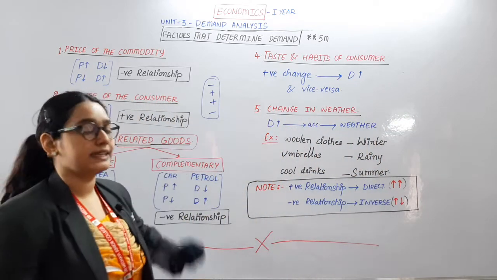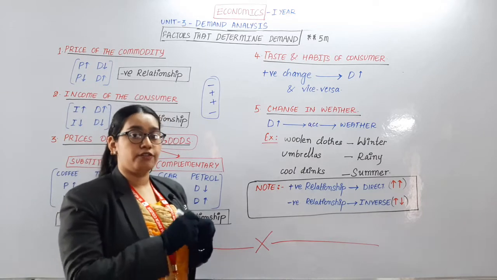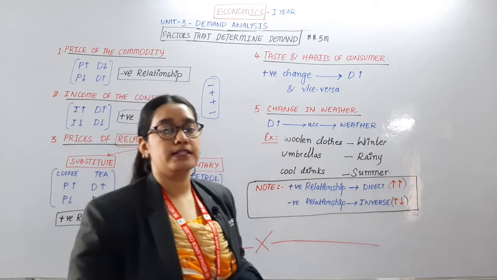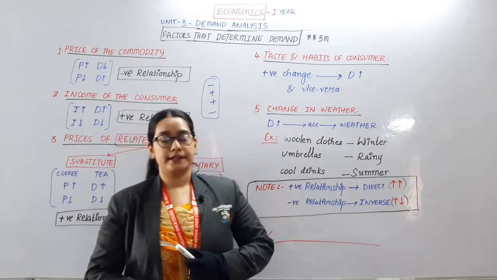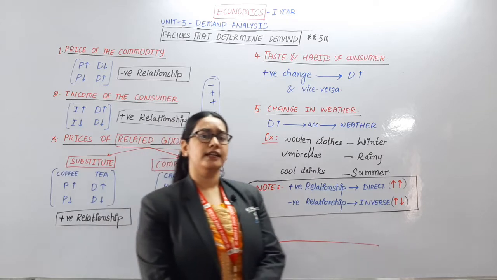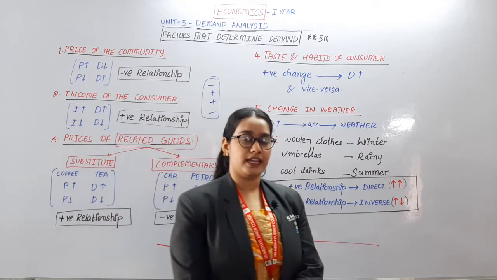Fourth point is taste and habits of the consumer. The demand of any product also depends upon the taste and habits of the consumer. For example, imagine that the prices of cigarettes have been increased.